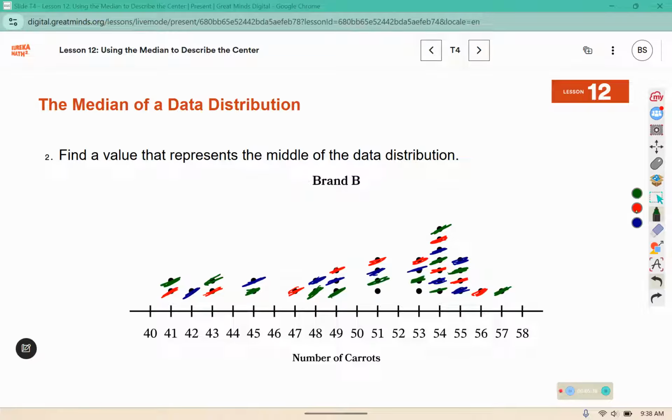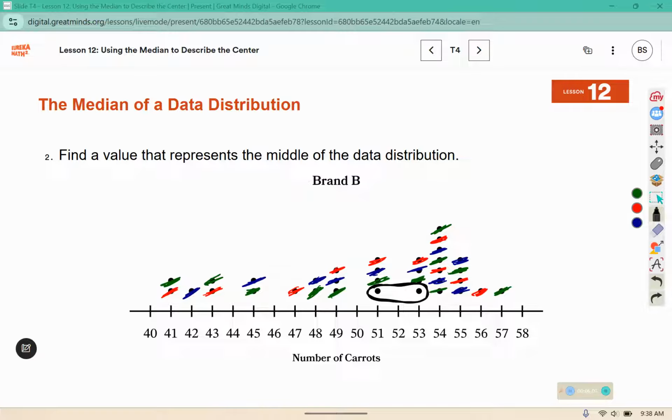Now you'll notice if I cross off these last ones, there won't be any dot left to count as the center. So I look at these two dots that remain, and I need to figure out, if there's two dots left in the middle, what would be between those two dots? What is between 51 and 53? That would be 52.